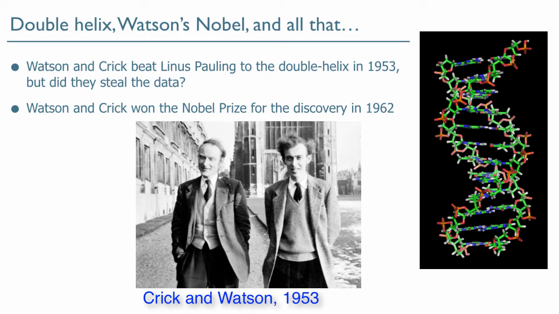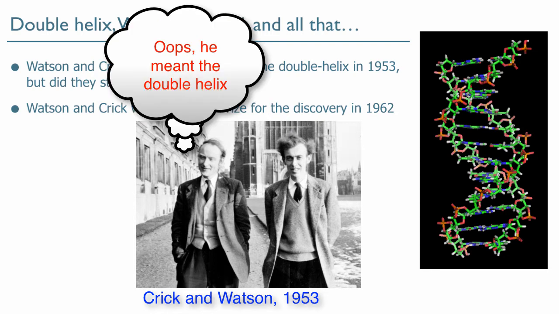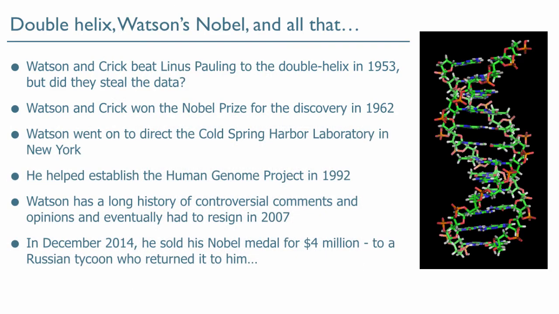Of course, Watson and Crick won the Nobel Prize for the discovery of the alpha helix structure of DNA in 1962. Watson went on to direct the Cold Spring Harbor Laboratory in New York for some years and eventually became president of it, and helped establish the Human Genome Project in 1992, finally resulting in the full human genome being sequenced by around 2000, I think it was.